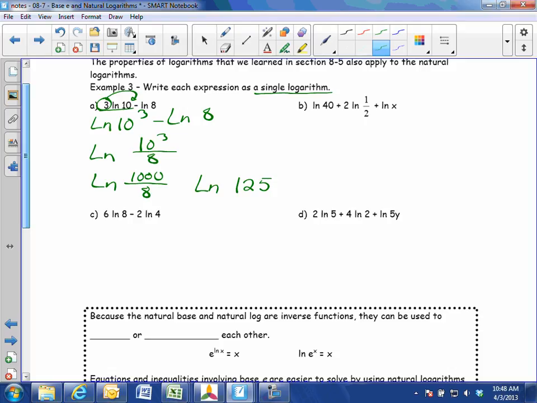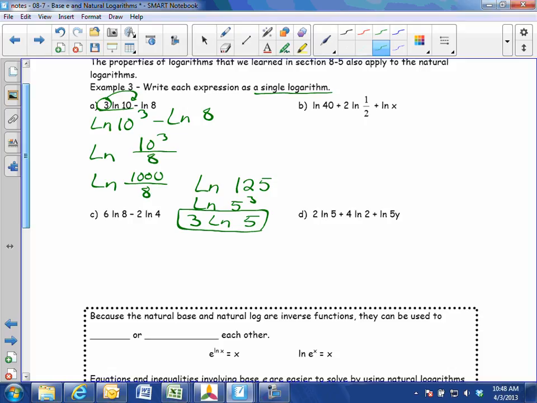Go back over here, 5 to something. 5 squared times 5 is 5 to the third. Look there. And then we want to take this 3 and bring it back on the outside. So we'll have 3 times natural log of 5. Why is it not 125? Because you always have to bring out the exponents.